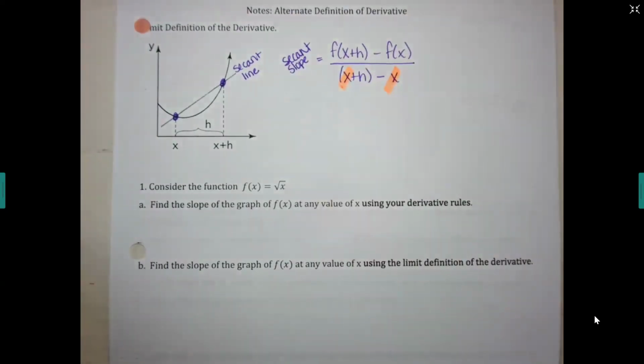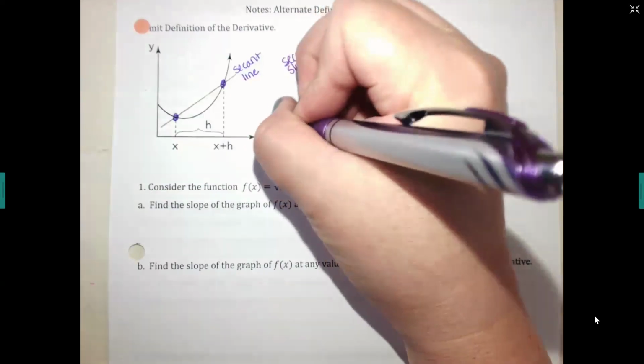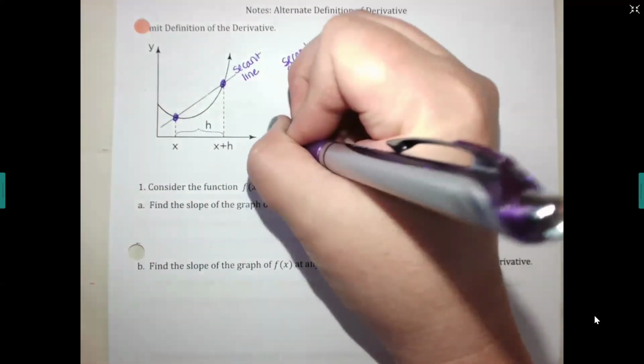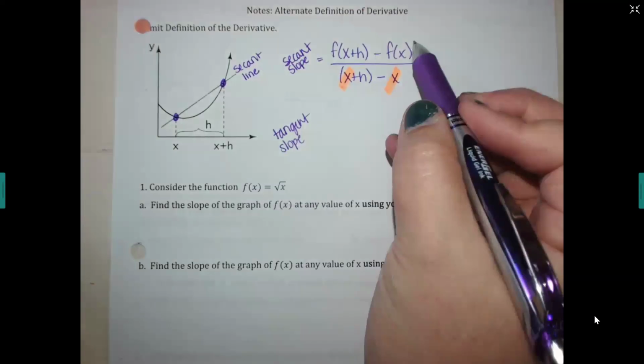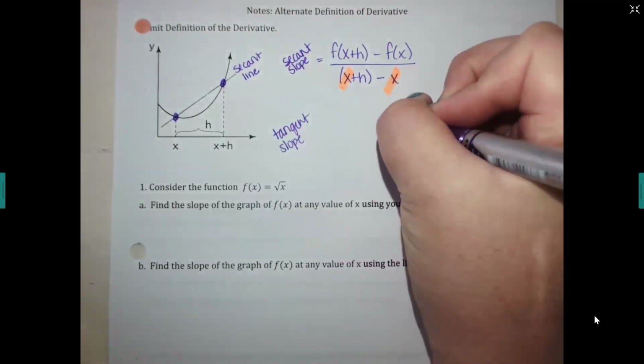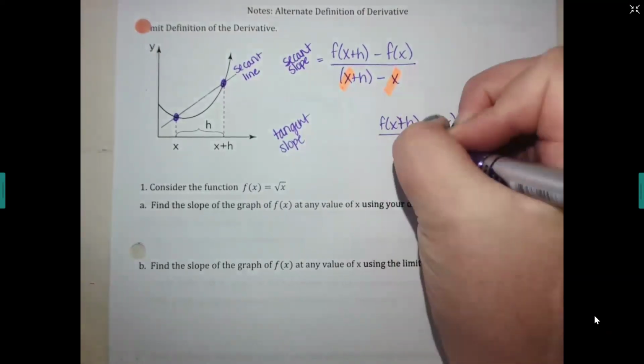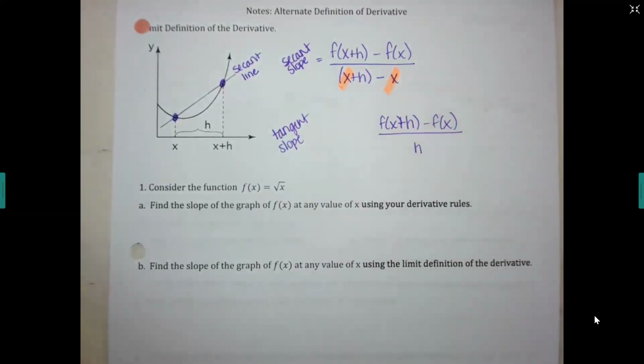Okay, to turn your secant slope into a tangent slope, which is what a derivative is. Okay, so let's put tangent slope. You are going to use the exact same fraction, f of x plus h minus f of x over h. But you are going to drive the points so close together that basically instead of touching 2 different points, you're just touching 1 point.